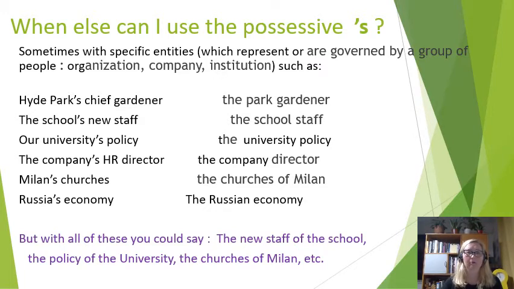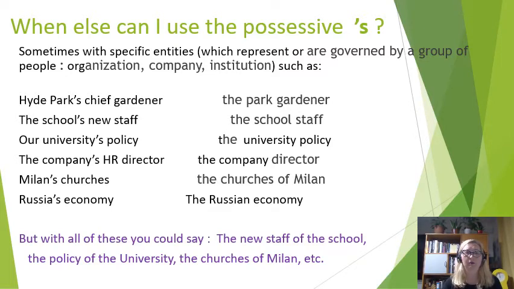The school's new staff, so the new staff pertaining to this specific school, or school staff also exists as a general compound noun. Our university's policy, so again with the specific policy belonging to this university, but again, university policy also exists as a general compound noun. Okay, and then the same thing with the company's HR director, the company director.